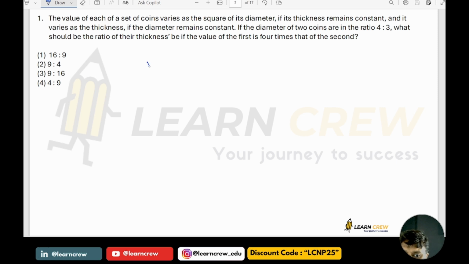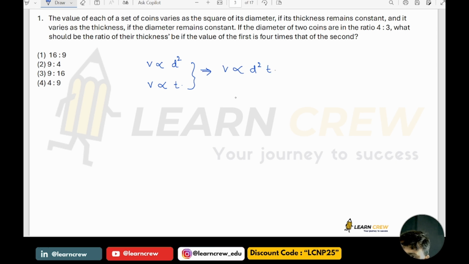The value of each set of coins varies as the square of its diameter. So value is directly proportional to diameter square. This is what is given. And also it is given that value varies as the thickness. So value is directly proportional to thickness. Combining these two, V is directly proportional to d square into t.